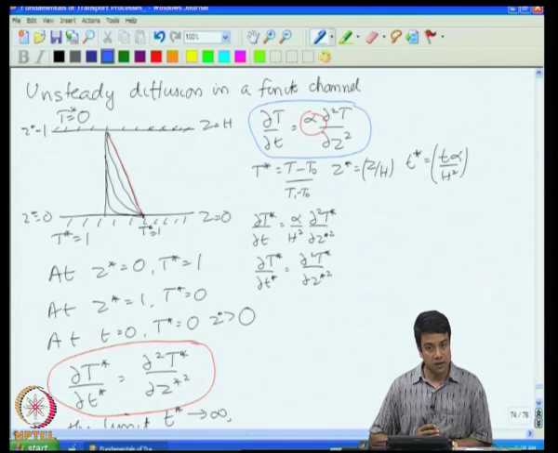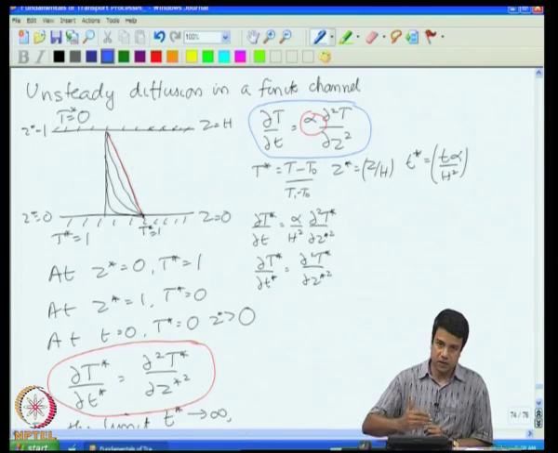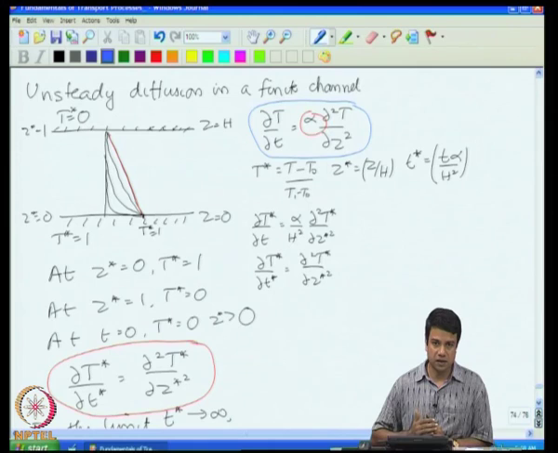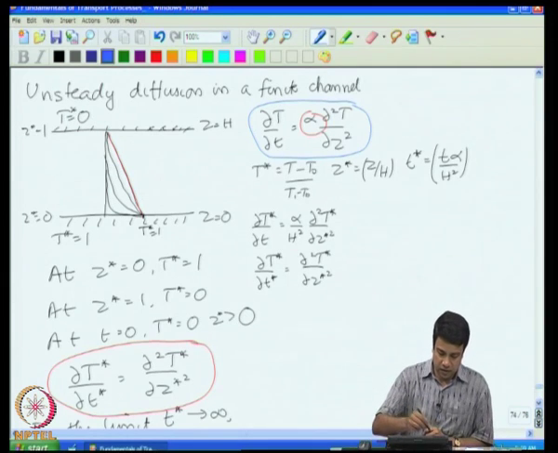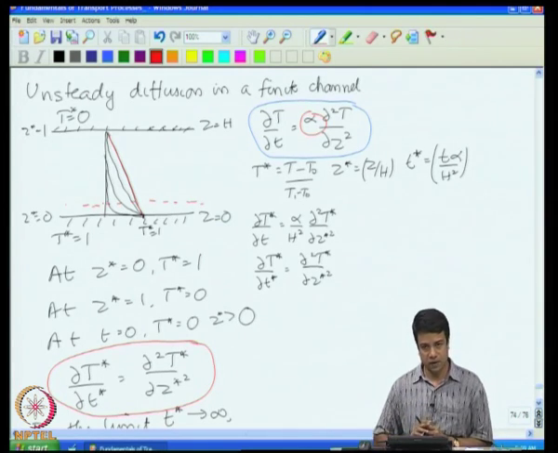So, when t is large compared to h square by alpha, that diffusion has already taken place over the entire extent, and the system has reached a final steady state. When t is small compared to h square by alpha, the diffusion does not progress very far. Because of that, it is confined to a thin boundary layer near the surface, a penetration layer of depth equal to square root of alpha t.